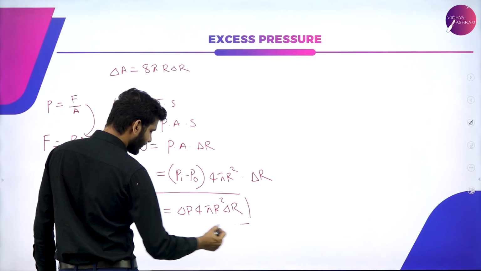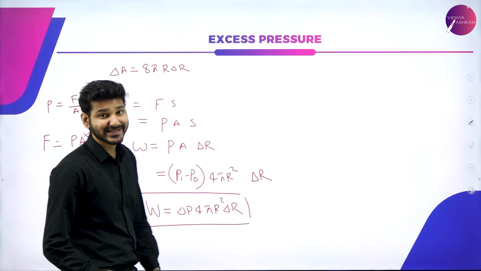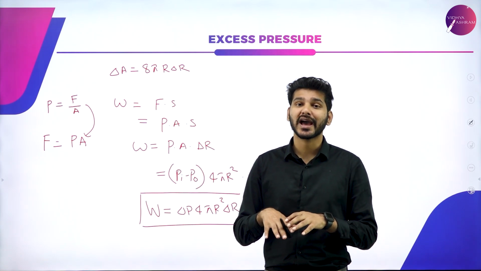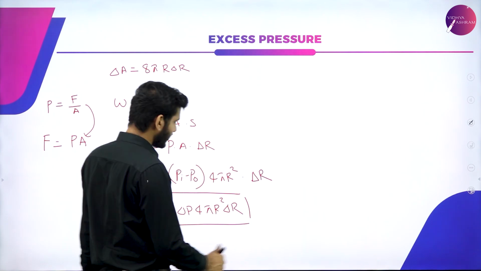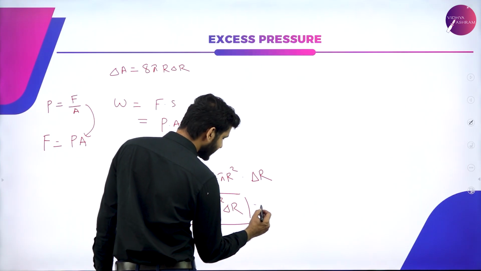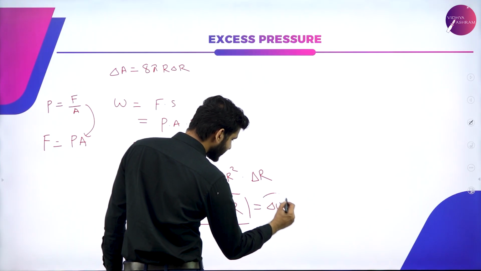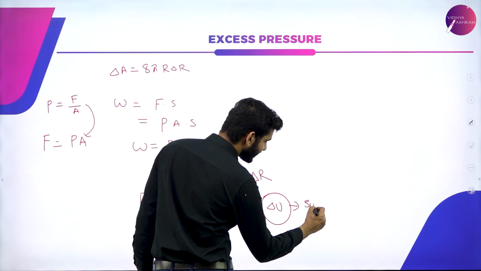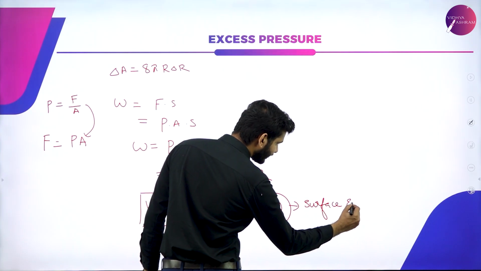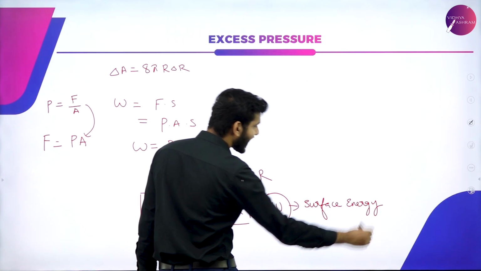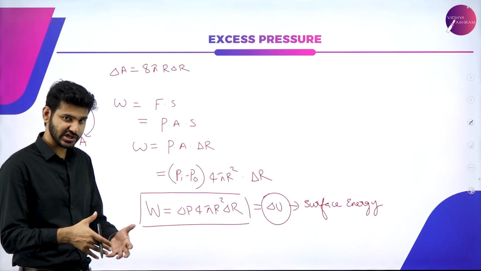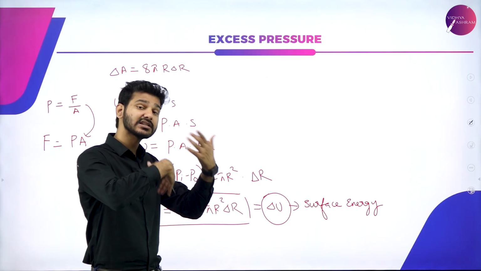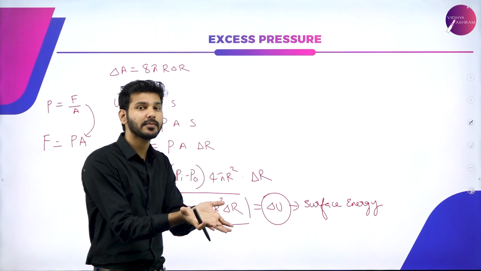Now this work done is stored as its potential energy, or in this particular case, as the surface energy of that bubble. So when I do work on that bubble, the work is converted into surface energy of the bubble.